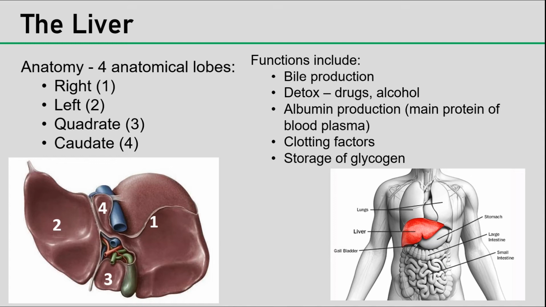It also produces albumin, which is a protein of blood plasma. It also produces some clotting factors. So people with clotting disorders, the source of those disorders is normally the liver. And it also stores glycogen.